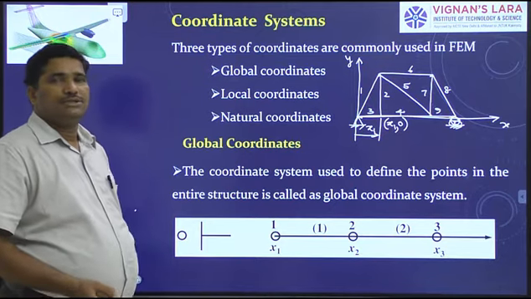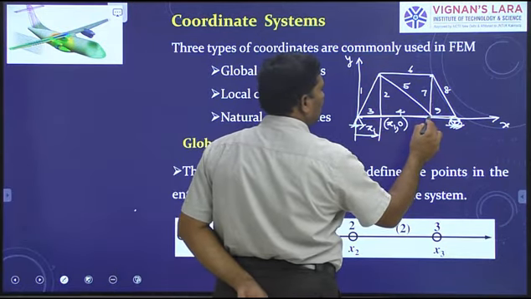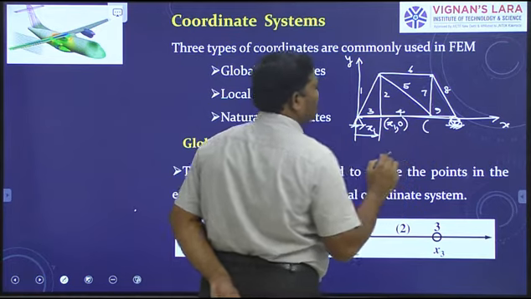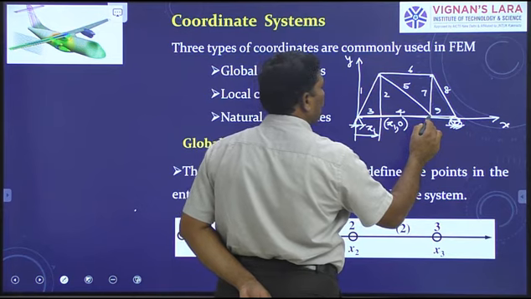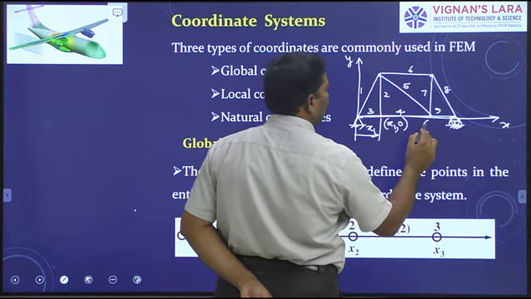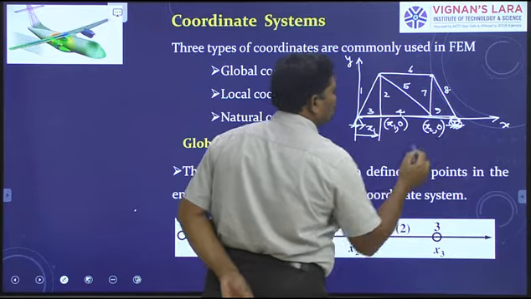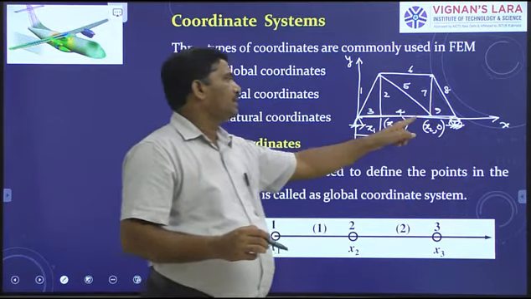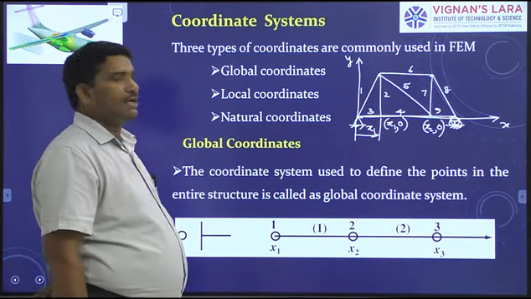If you want the coordinates of this point, how many coordinates do you want? Two coordinates. Say x2, y2. To specify this point, I want two coordinates. Say x2, y2. The first coordinate is x2 and the y2 coordinate is 0 because this point is lying on the coordinate axis x. Right?